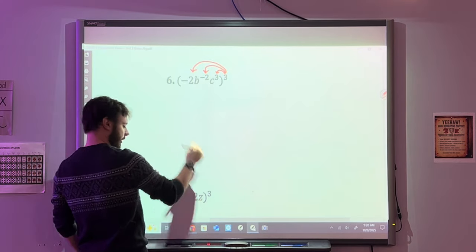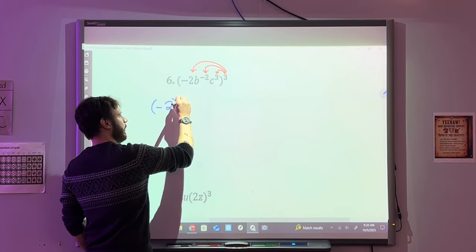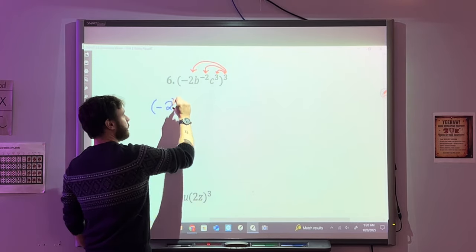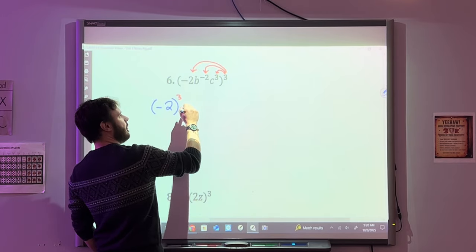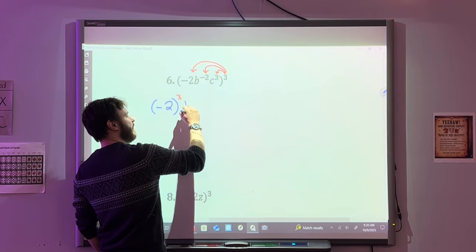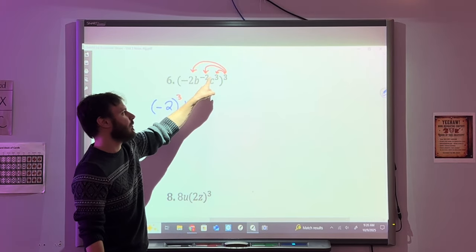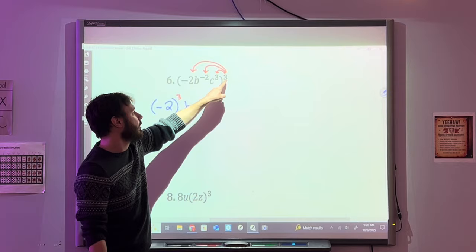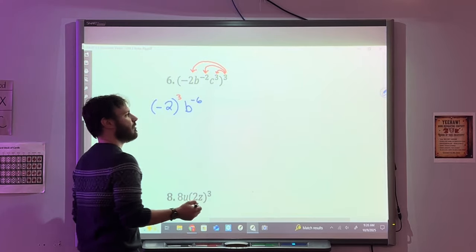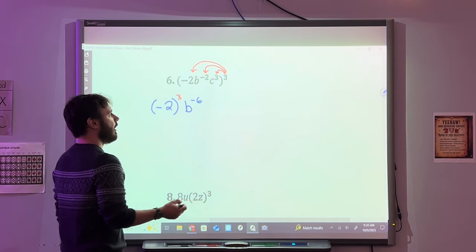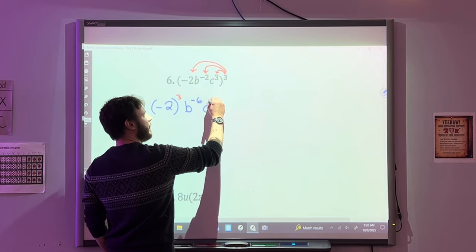So this is going to end up looking like -2 cubed. And then I have b, it was -2, but when I bring stuff in with exponents, I multiply them. So it's going to be 3 times -2, which is -6. And then c, 3 times 3 is 9.